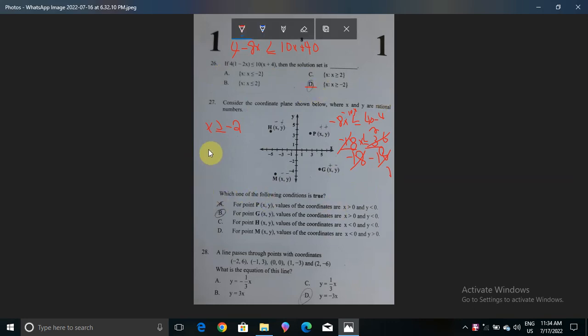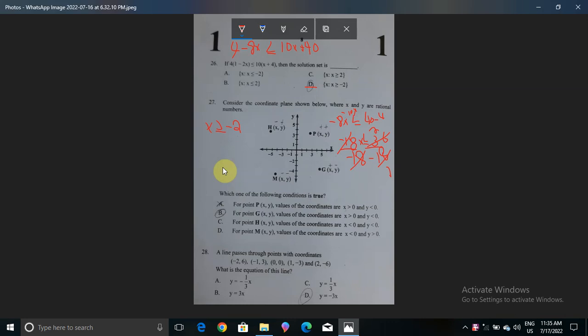Now question number 27. Consider the coordinate plane shown below where x and y are rational numbers. Okay, we have here the first, second, third and fourth quadrant. Then which one of the following coordinate conditions is true?